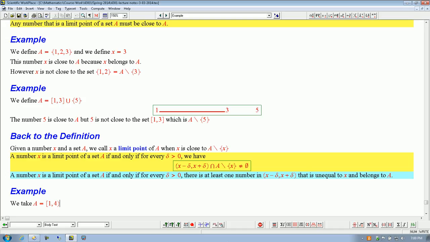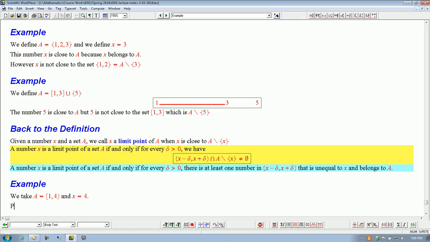Okay? And x equals 4. Please note that x does not belong to A.